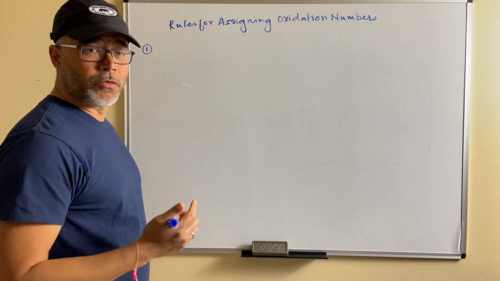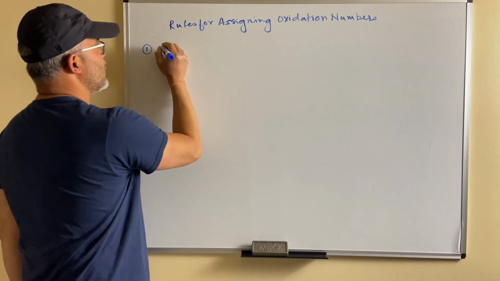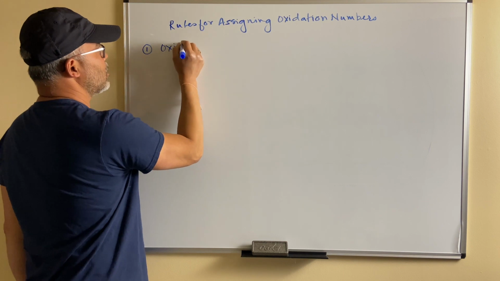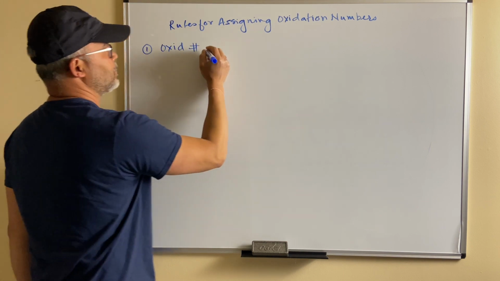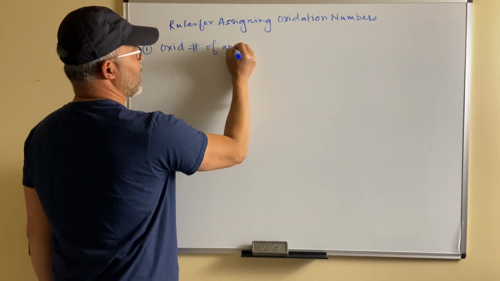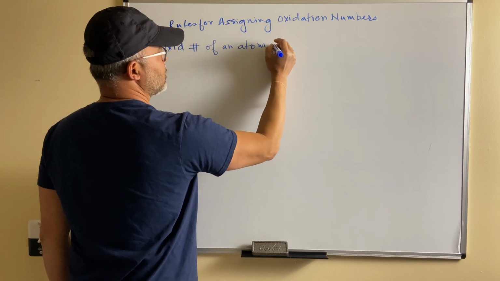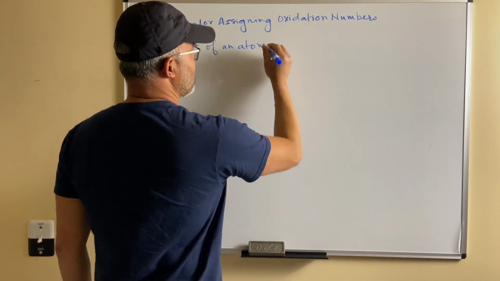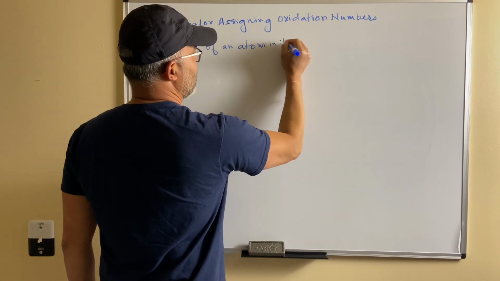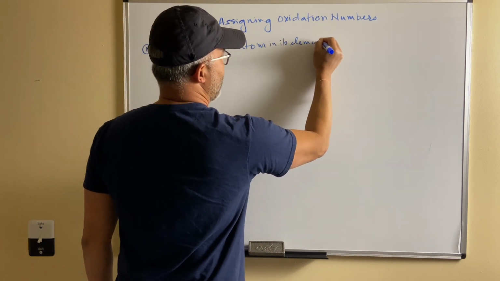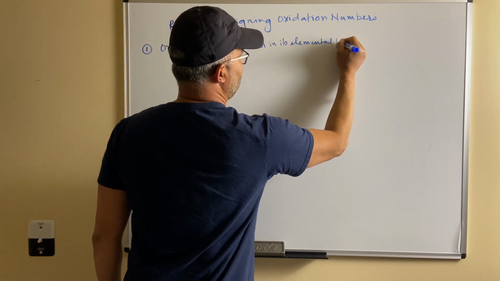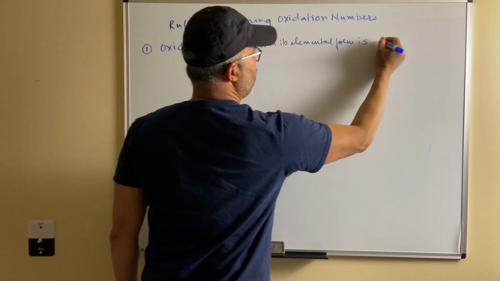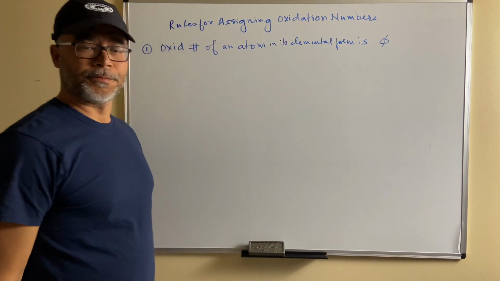So let's talk about the rules. The first rule is the oxidation number of an atom in its elemental form is always 0.